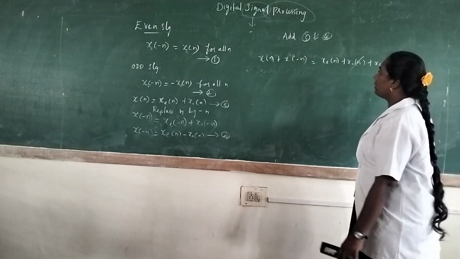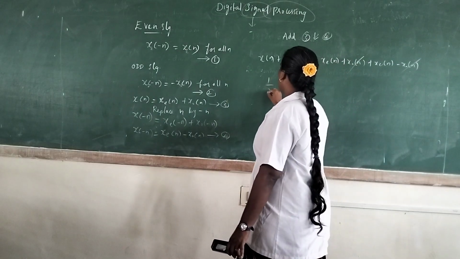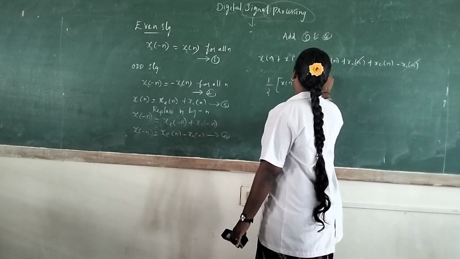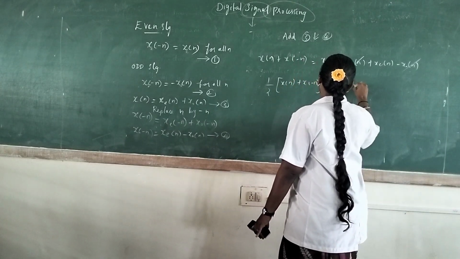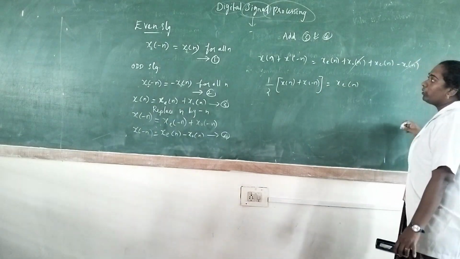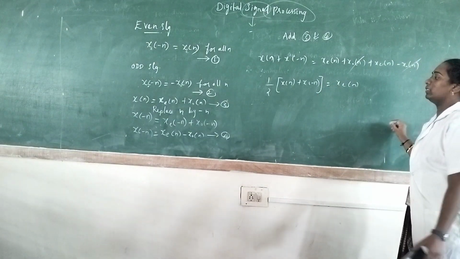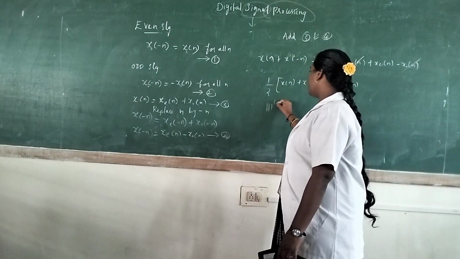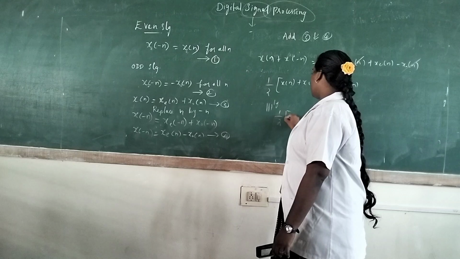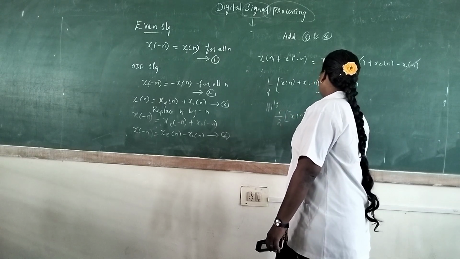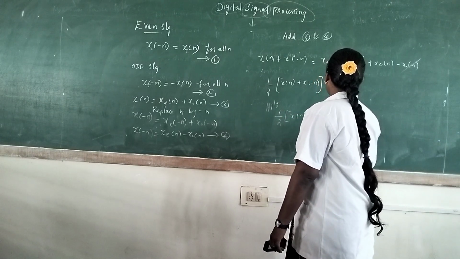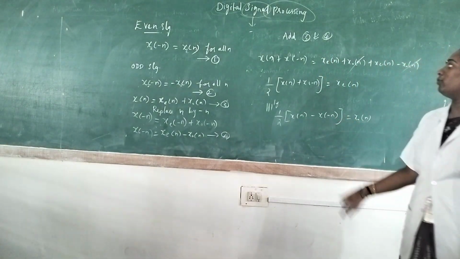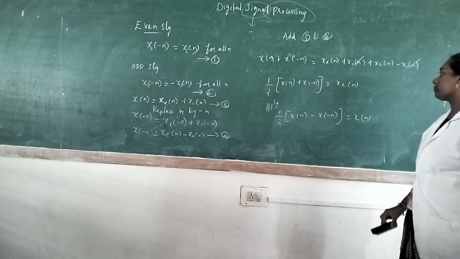Therefore, these two odd signals get cancelled. Then at last, 1 by 2 of x of n plus x of minus n is equal to xe of n. So this is the formula to find the even signal. Similarly, if you subtract equation 4 from 3, you will get the formula for the odd signal: 1 by 2 of x of n minus x of minus n is equal to xo of n. So this is the formula for the odd signal.